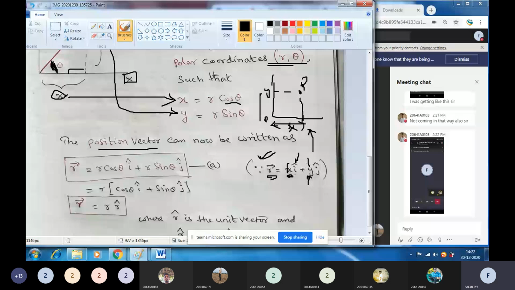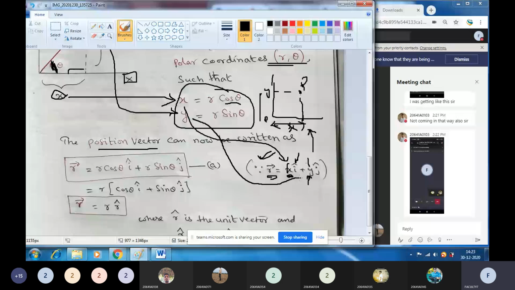That is why r is giving the position of the point you are considering. Now as you got x and y, you substitute the x value here, and similarly you substitute the y value.